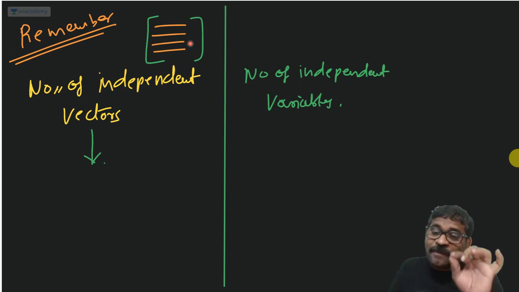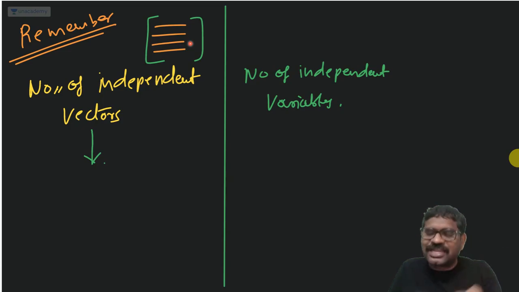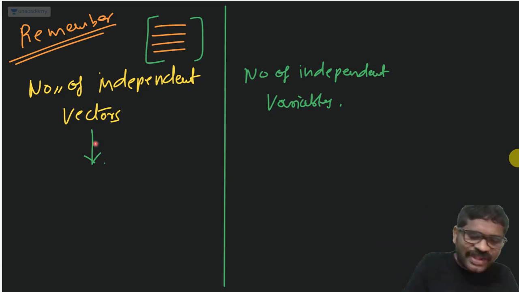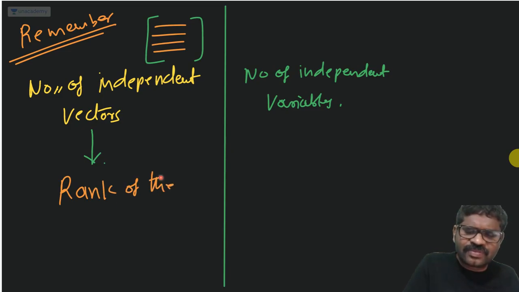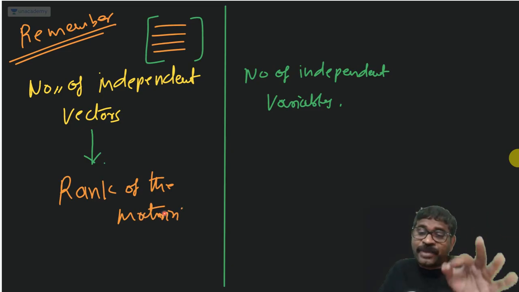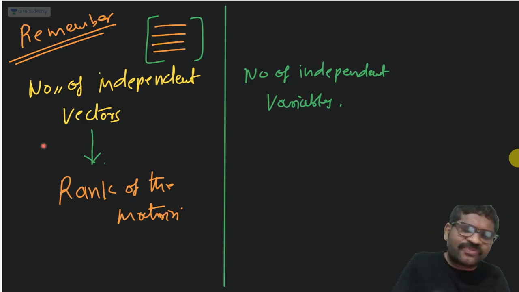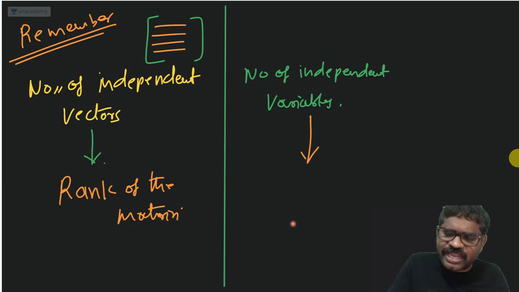Number of independent vectors of a matrix means the rank of the matrix. Number of independent variables means nullity.